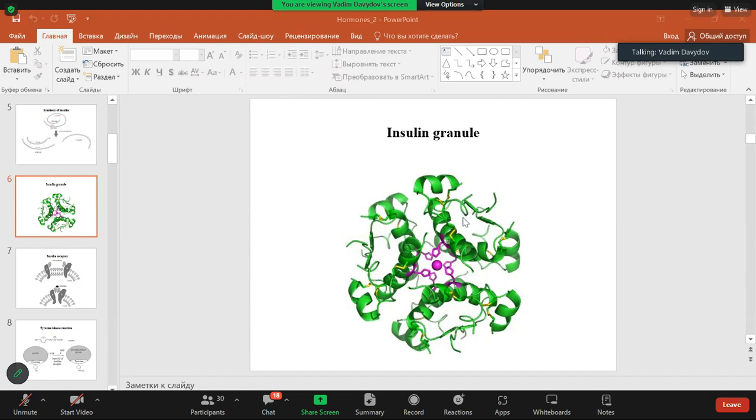In other words, increased concentration of glucose in the beta cell brings to increased concentration of ATP inside the cytoplasm of that cell, resulting in depolarization of the membrane of the beta cell.